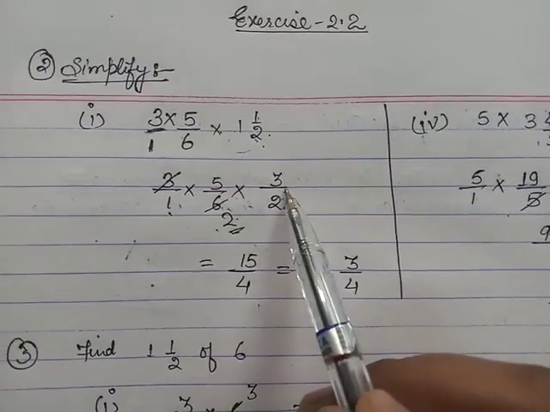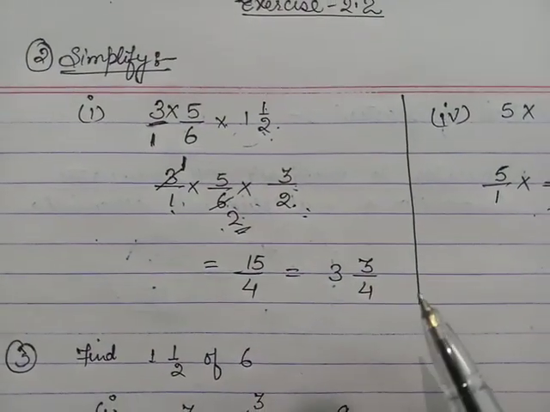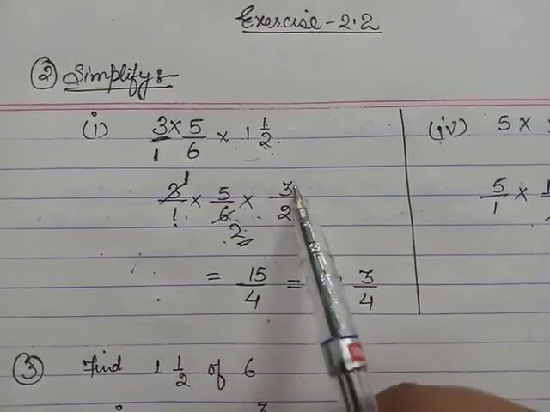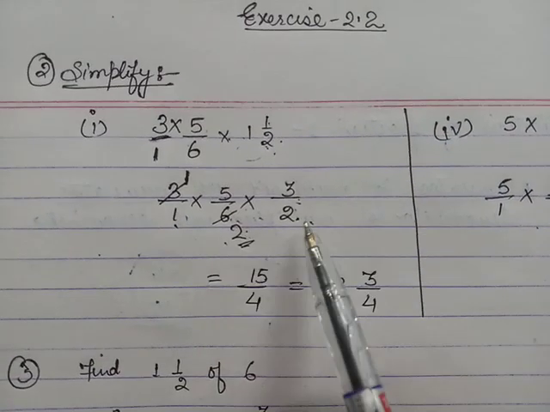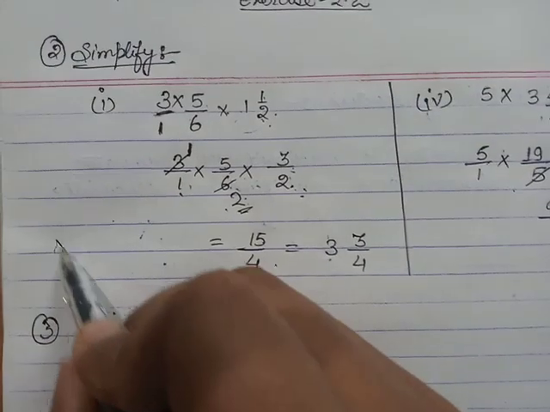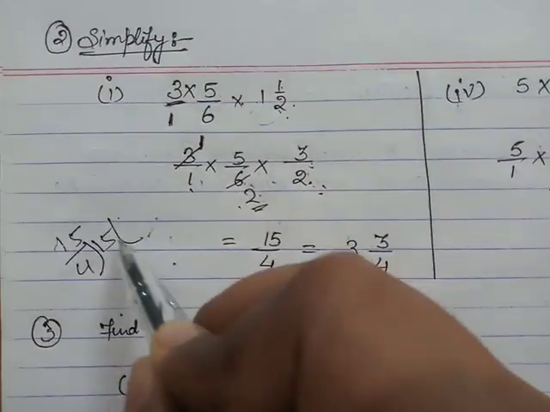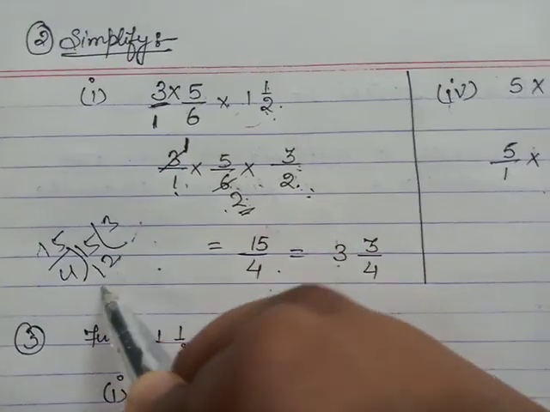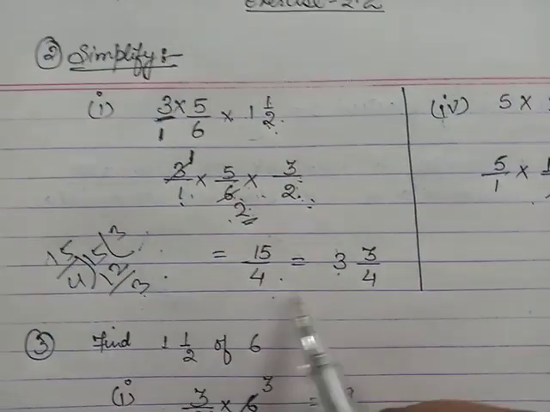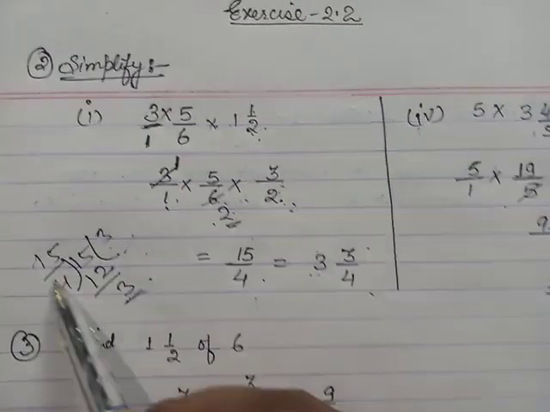Here 5 multiplied by 3, and 1 is present, so it will not affect the value. 5 threes are 15, so it will be 15, and 2 twos are 4. When you convert 15/4 into a mixed fraction, 4 threes are 12, so 3 whole with remainder 3 upon 4.